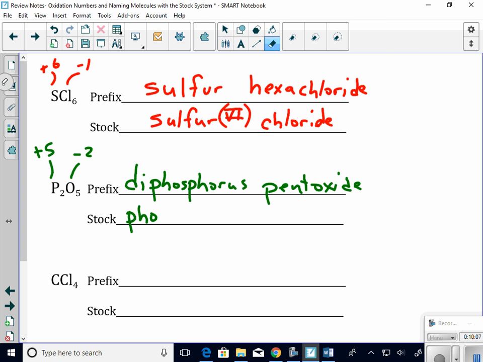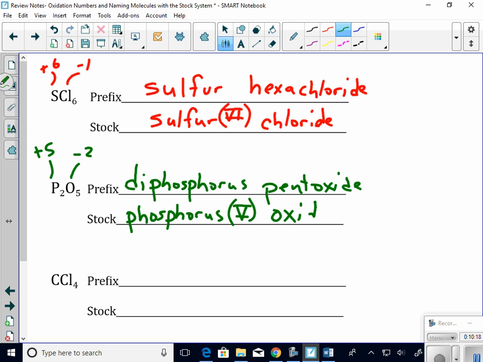So I'm going to put, I am going to spell it right, first of all. Phosphorus, Roman numeral 5, oxide. You know what people want to do? What do you think a common mistake is?